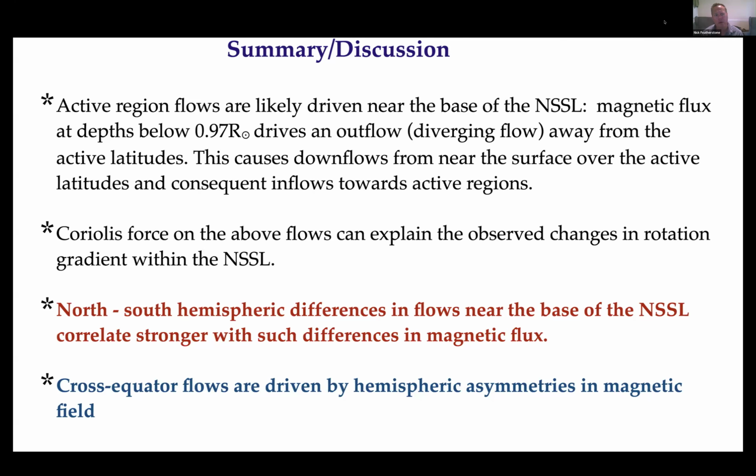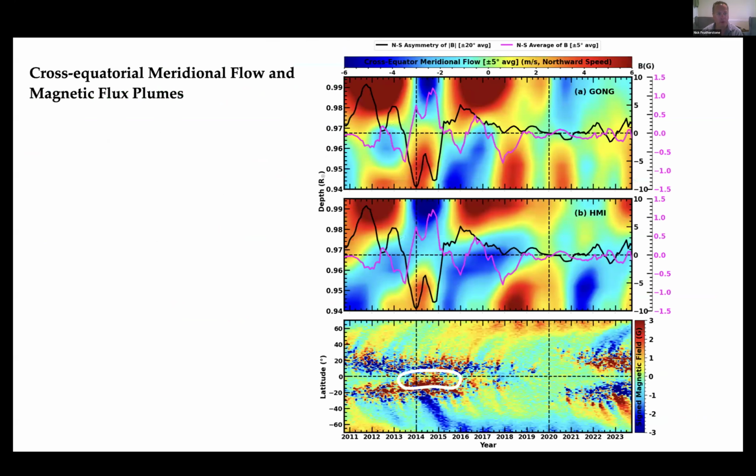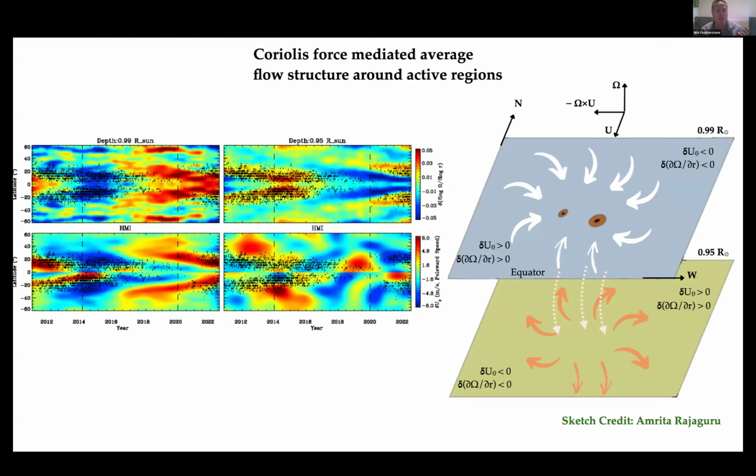So it seemed that your measurements only went down to kind of the base of the near surface shear layer, but we have some other measurements of meridional flow which happen over presumably much longer time periods of observation that can go deeper. Do you believe that outflow extends deeper, or are we kind of seeing the base of the active regions? Yeah, so that's a very difficult question to answer because we don't really have an answer for deeper meridional flow.